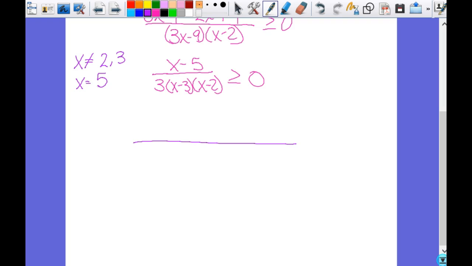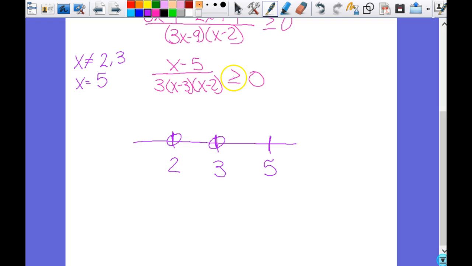So when I go to my number line, I've got 2, 3, 5. Where do my open circles go? 2 and 3. Is this one open or closed?